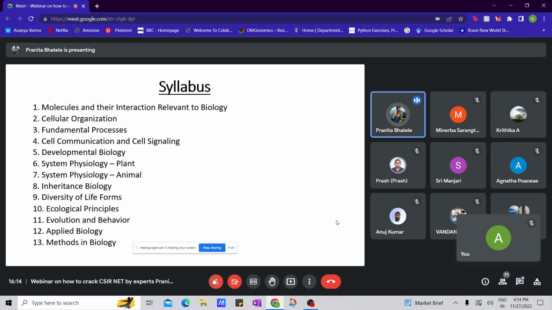I will second what Kritika said: don't leave anything and do everything. Do everything, but if you are selecting a topic, do everything in that topic. Don't try to mug up all 13 units. So the first step will be to select 8 units, and there are some portions where the exam gives a lot of emphasis.